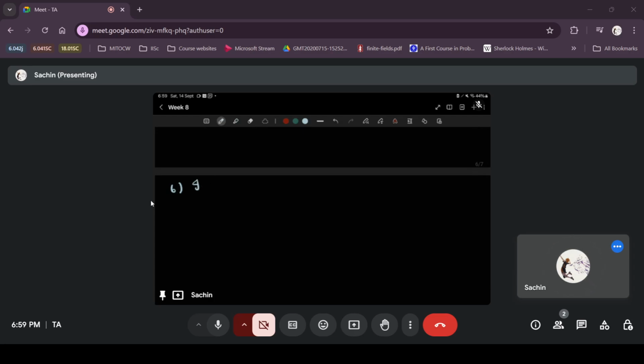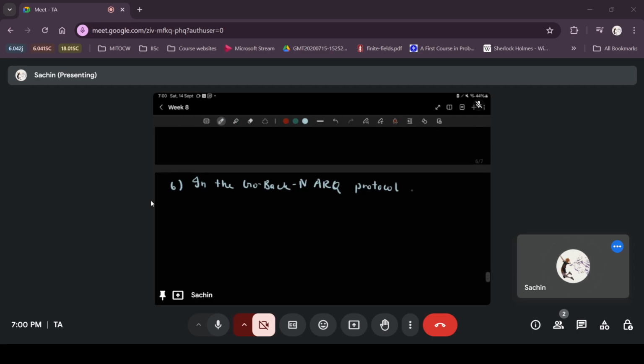Question 6. In the go back N ARQ protocol, this is the ARQ protocol with a sliding window, and if an error is detected in some frame, you retransmit the entire window starting from that frame.